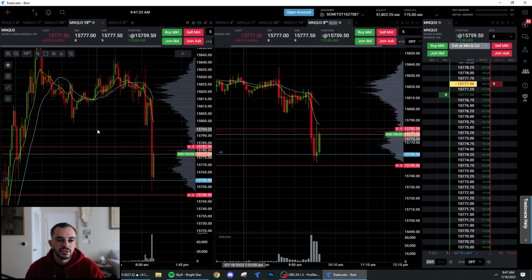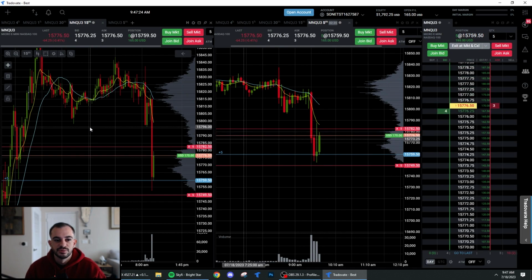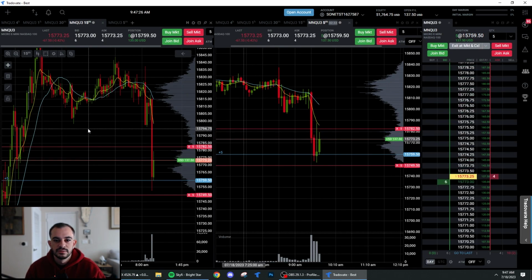Definitely has potential to get up to that. Retest the bottom of this range. Tough to say.